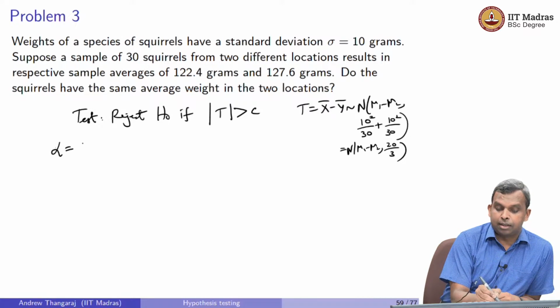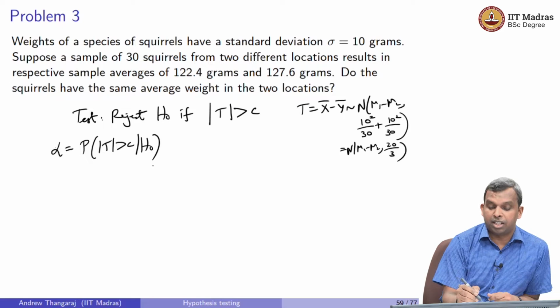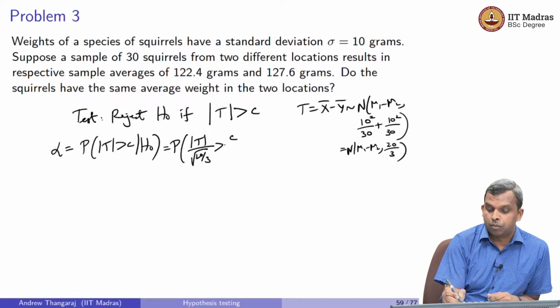So alpha is the probability that mod t is greater than c given h naught, the probability of rejecting it given that it's true. Given that t is normal and h naught is mu1 equals mu2, the mean is 0. So you divide by square root of 20 by 3, and this has the distribution of mod z.